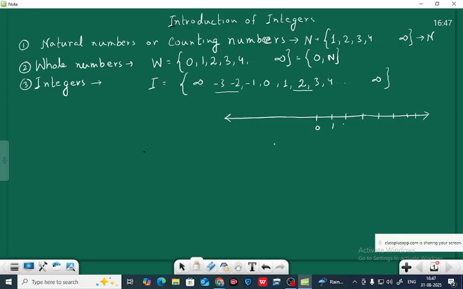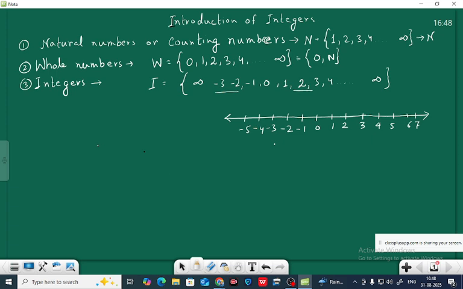On the left side -1, -2, -3, -4, -5, and it goes on. These are what we call integers.